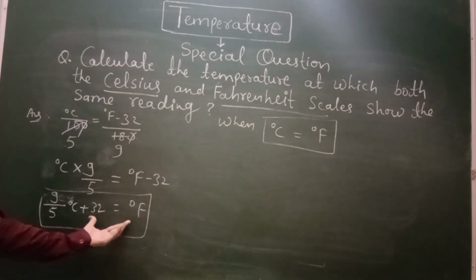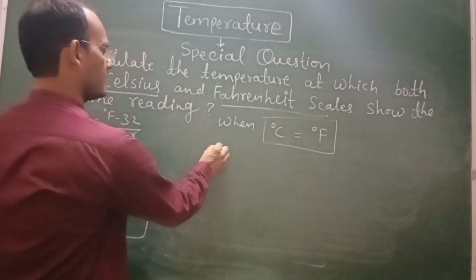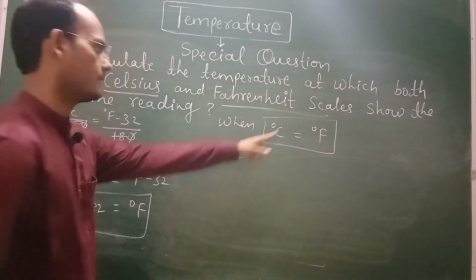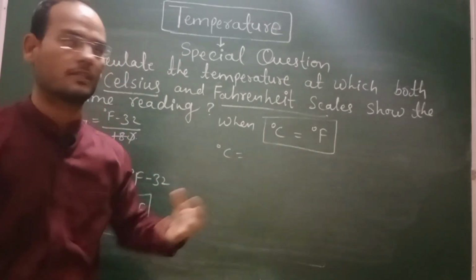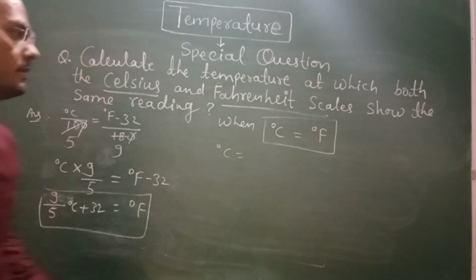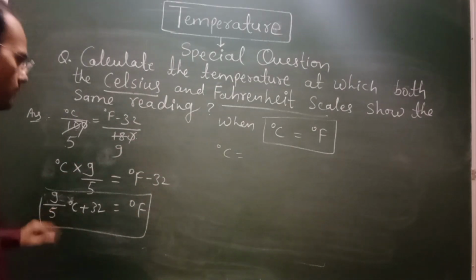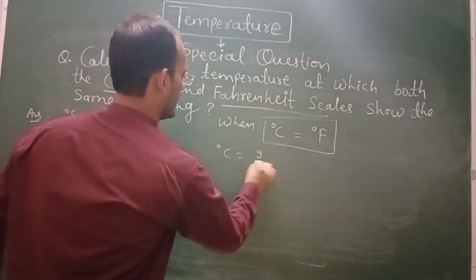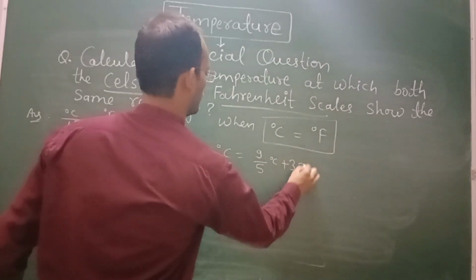Now this value we can put in place of degree Fahrenheit. So what will be the answer? Because they show the equal reading now, we can put this value in place of degree Fahrenheit. So it will be 9 divided by 5 degree Celsius plus 32.